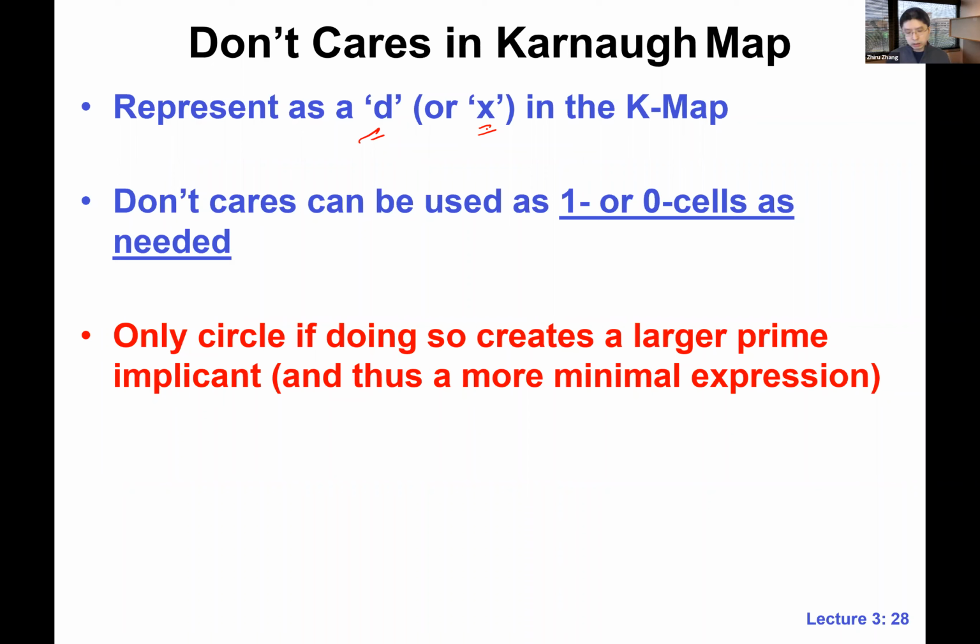We can use don't cares to further simplify our circuit. We don't have to cover them, but you can use them to form a larger circle so that we have a more minimal, more optimized expression. That's where we use it. It's not like we want to cover them. We cover them only if they are useful.